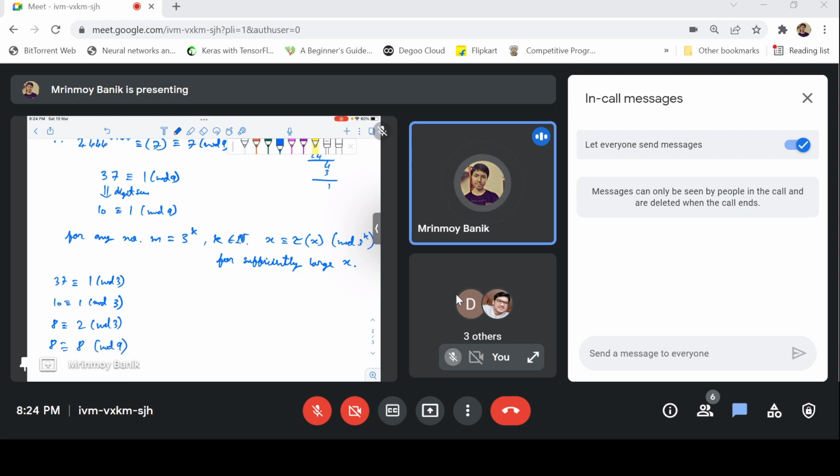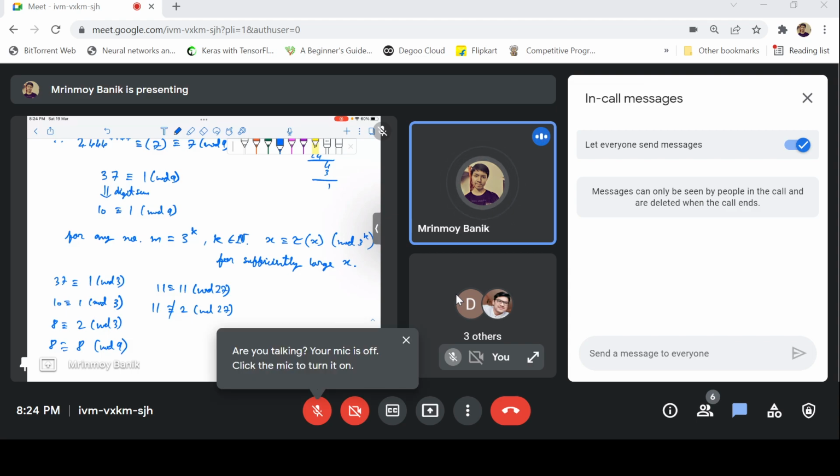Actually 9 is pretty small, so if we take the third power, 27, 11 is congruent to 11 mod 27, but the digit sum of 11 is 2. So 11 is not congruent to 2 mod 27. But that is true for 9. Basically, x has to be larger than 3 power k for this to be true.